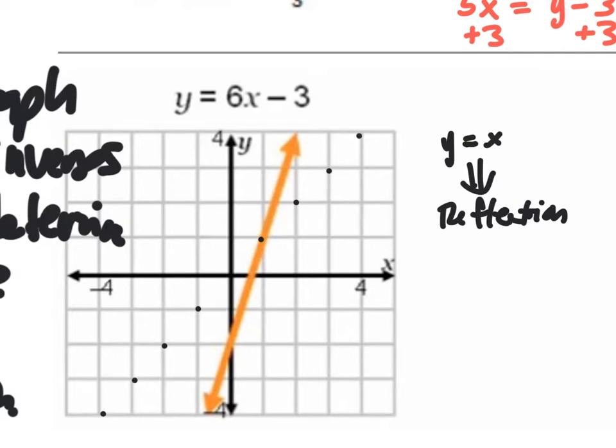Draw that line, and I'm going to identify a couple of points of interest. That point right here that I see is what looks to be negative 3. That's the point (0, -3), according to my graph.